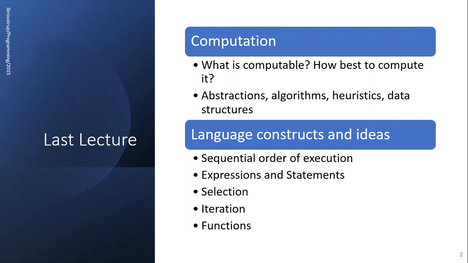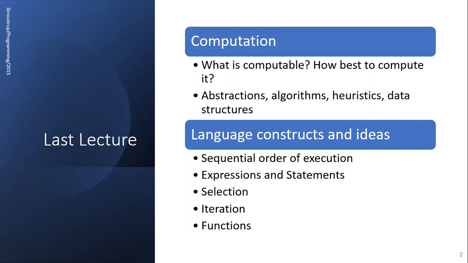Then we briefly mentioned what algorithms, abstractions, and data structures are. So how do these things help in performing computation? These are the different tools that computer programmers use in order to specify or do computations.